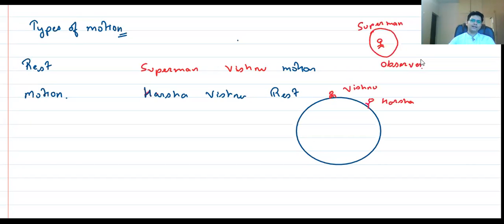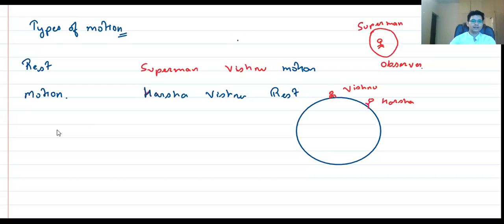So I can say that I cannot say whether any object is in rest or motion unless I know who is looking at the object or who is looking at the person. So it depends on the observer. Yes.